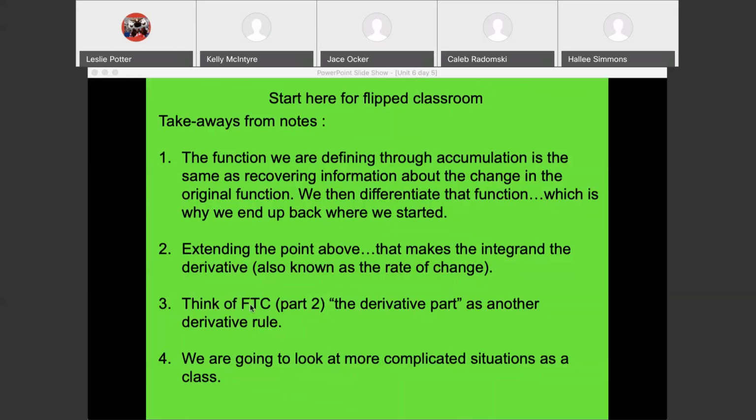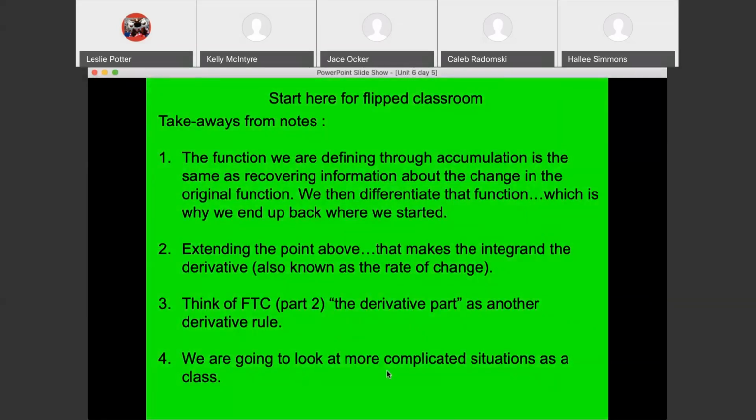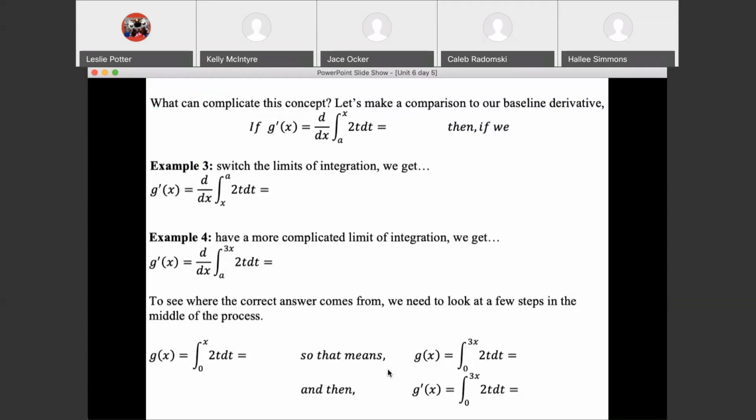So think of the fundamental theorem of calculus. I call it FTC Part 2, I call it the derivative part, because that's what we're doing. We're differentiating that accumulation. It's another derivative rule. We're going to look at that notation and just say, oh, there's the derivative. And then we're going to just think of the derivative and how we can recover information about the function. Okay. So we're going to look at more complicated situations now in class.